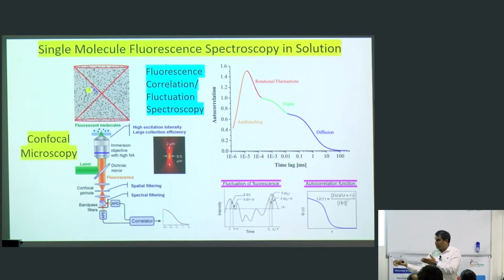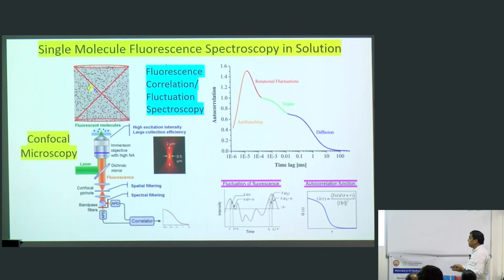So you have different types of detectors. But in principle, you can do the correlation, and then you can do different types of dynamics. You can do different types of size measurement by the correlation time using the Stokes-Einstein equation. Also, you can manipulate this information to get different information, right?